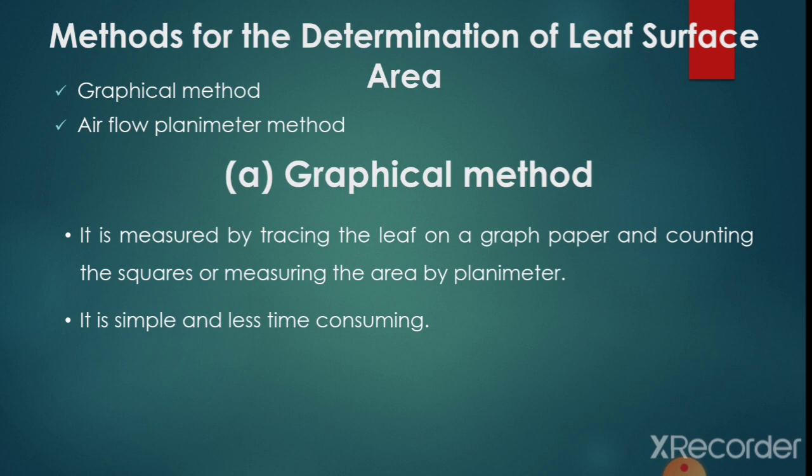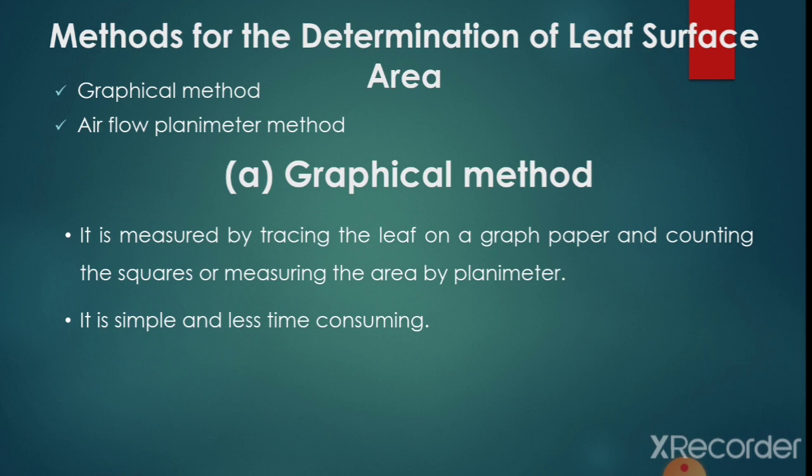First, the graphical method. Area by graphical method is measured by tracing the leaf on a graph paper and counting the squares, or measuring the area by planimeter. So basically in graphical method, two methods are used. One is the graph paper method and the second one is tracing the leaf surface area by planimeter.